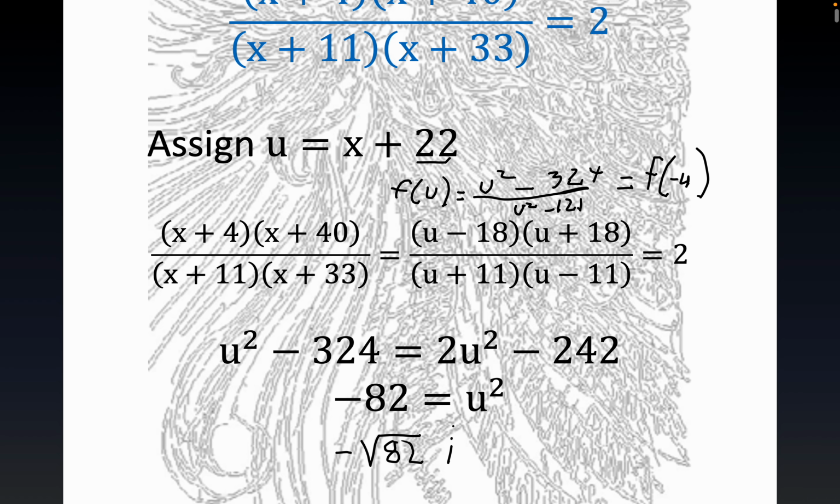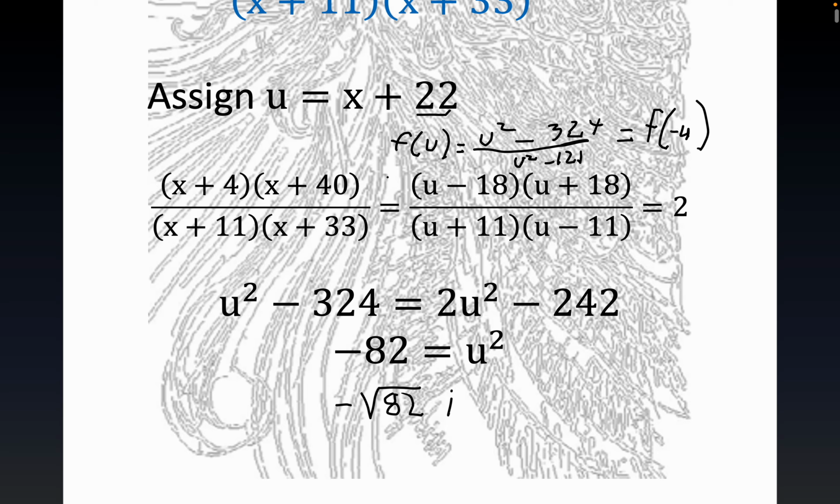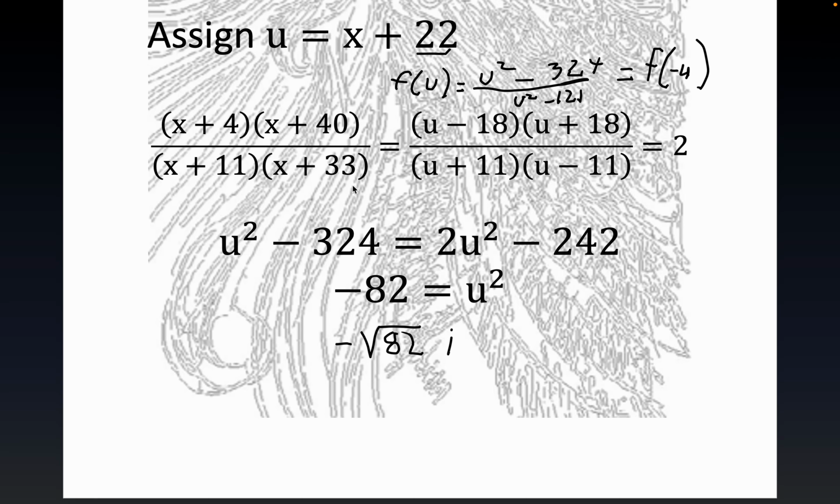But if you take that back to our substitution, u is equal to x plus 22. Let's write it down here: u minus 22 is equal to x. That'll be more favorable. We are trying to solve for x, right? I should put plus or minus here, folks.